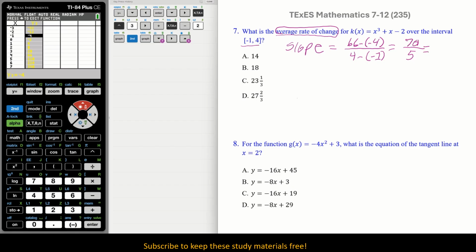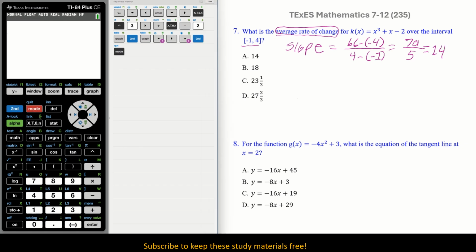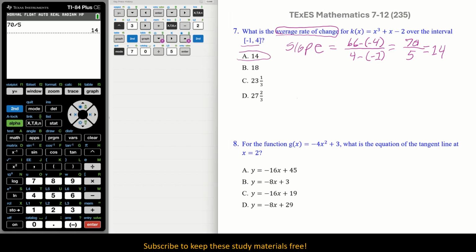And that will give us 14. Okay, if you can't do that in your head, it doesn't matter. Like I said, it's always better to pop it in the calculator because when you're testing, you get tired. So 70 divided by 5 is 14. So A is the appropriate option.